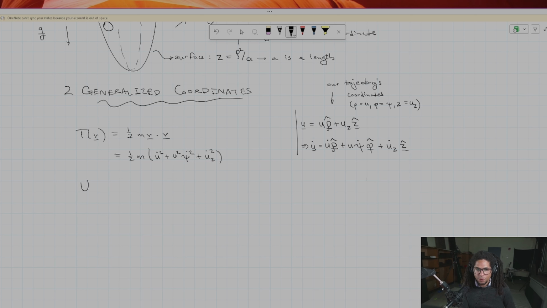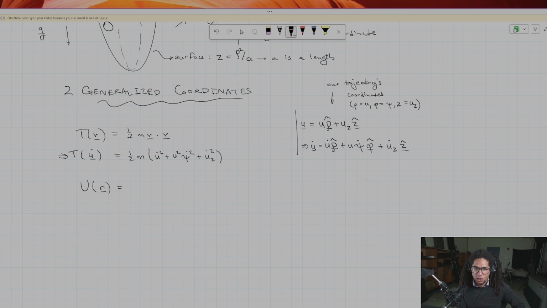Okay, now for U, this is where things start to get really interesting. U of r is equal to what? Well, before I go on, I want to be a little careful here. This is what T of v is. So maybe I should say that this implies that T of u dot is equal to this. Great.